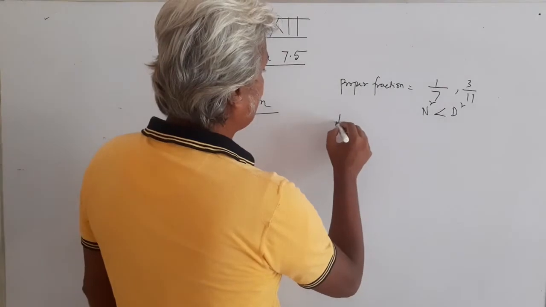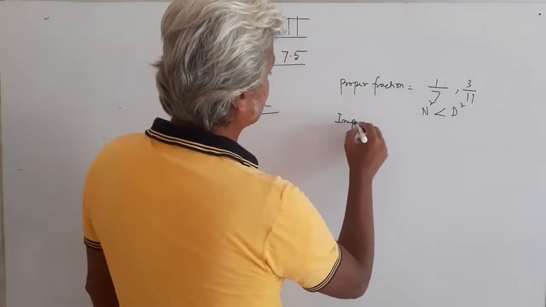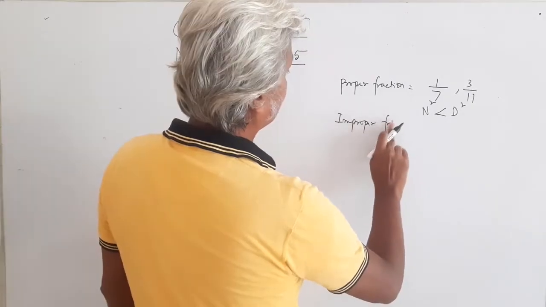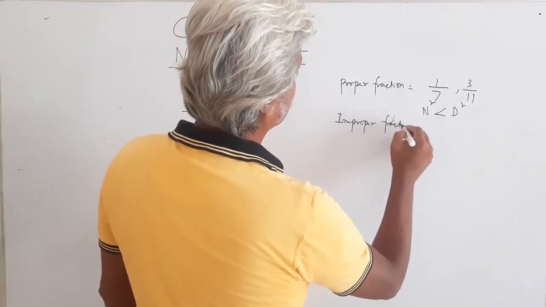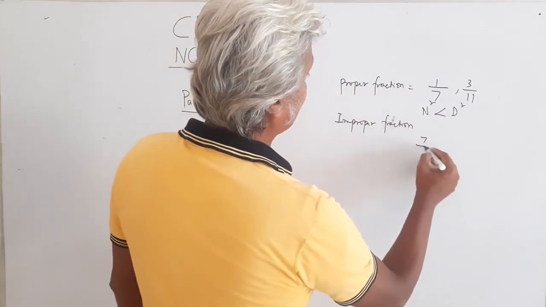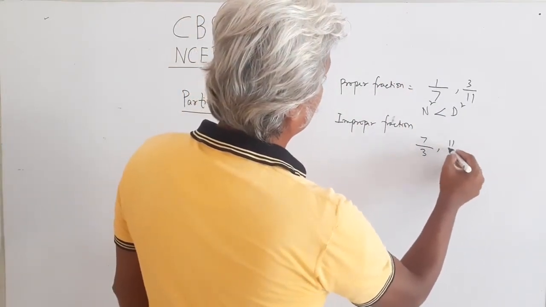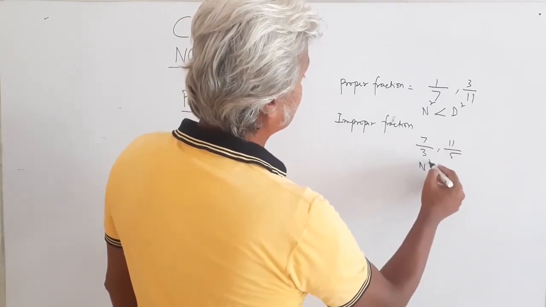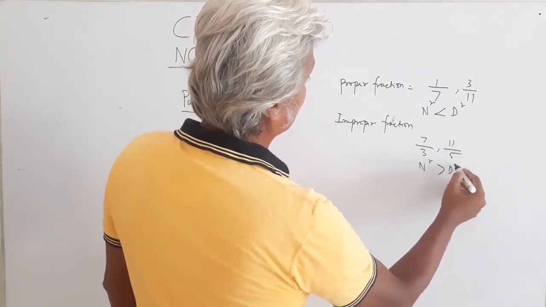Improper fractions are just the opposite of that, like 7 upon 3, 11 upon 5, where the numerator is greater than the denominator.